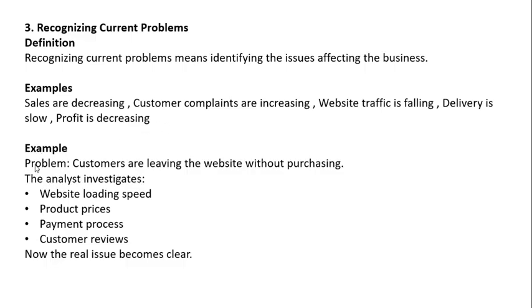An example problem: customers are leaving the website without purchasing. The analyst investigates the website loading speed, product price, payment process and customer reviews, and now the real issue becomes clear.